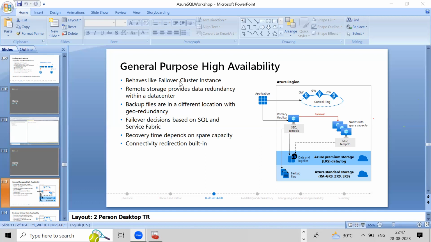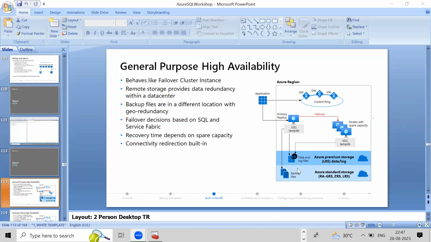What is the cluster feature? I have shared storage, and if something goes wrong, the second node or third node will take care of that, right? That is what is happening here also. Unlike on-premises or on Azure VMs, my storage will be placed remotely. Very, very important point.